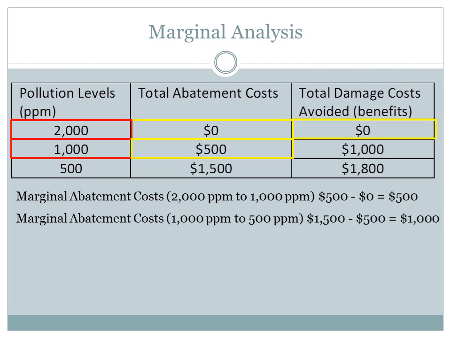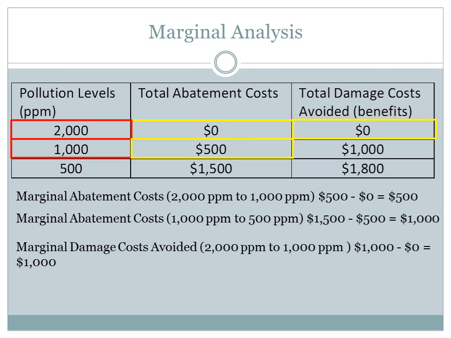However, as we reduce pollution from 2,000 parts per million down to 1,000 parts per million, we see that total damages avoided are 1,000, and we can calculate the marginal damage cost avoided by subtracting 0 from $1,000 to get marginal damage costs avoided of $1,000.